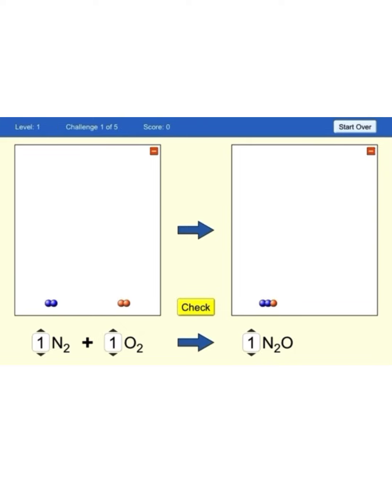We add the 2 and multiply it with the subindex 2 by 2, 4. Now, in the product, we add the 2, we multiply 2 by 2, 4. 4 nitrogen atoms and 2 oxygen atoms by the coefficient. Yes, the chemical equation is balanced.